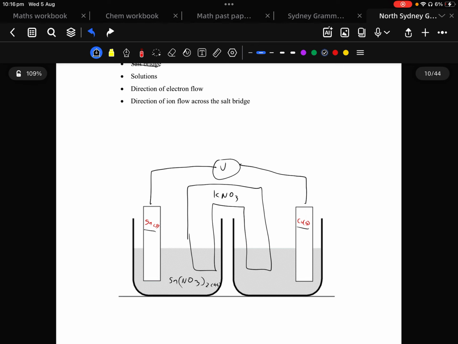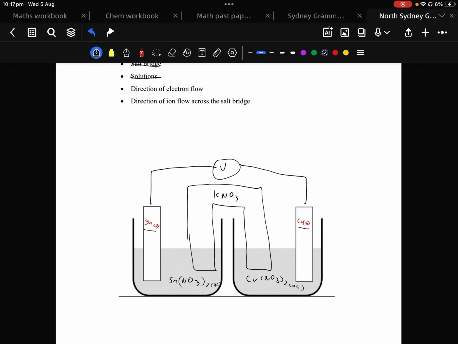We know copper has a charge of 2+, which means there'll also be 2 nitrates with it. So now we've labeled our solutions.